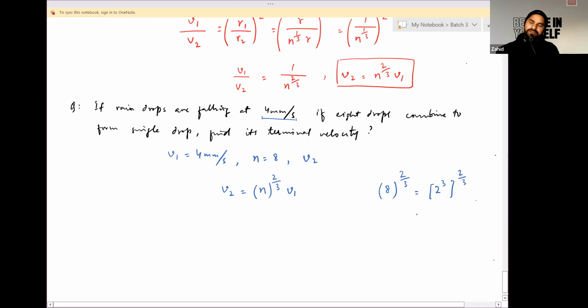So power to the power will get multiplied. So it will be 2 to the power 3 multiplied by 2 by 3. This 3 and this 3 will cancel out. So you're left with 2 raised to 2, which is nothing but 4. Now put this: it will be 4 into V1, that is 4. So it will be 16 mm per second.